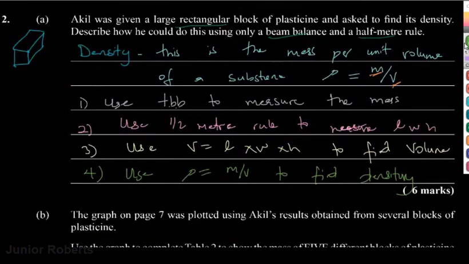All right. So we're going to start, imagine that we actually did this. So I'm just going to give you some values and then we are going to look at it together. So let us say after placing this on the triple beam balance, we get a mass M of 40 grams.